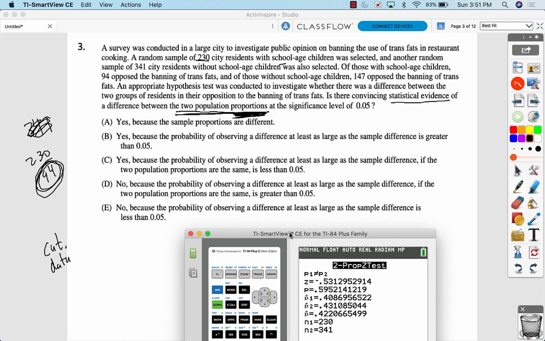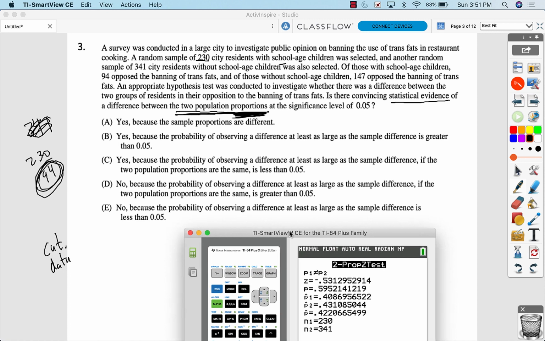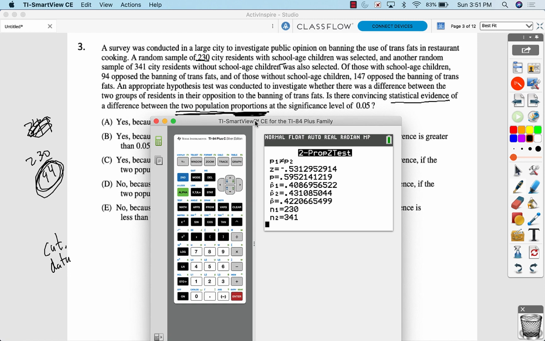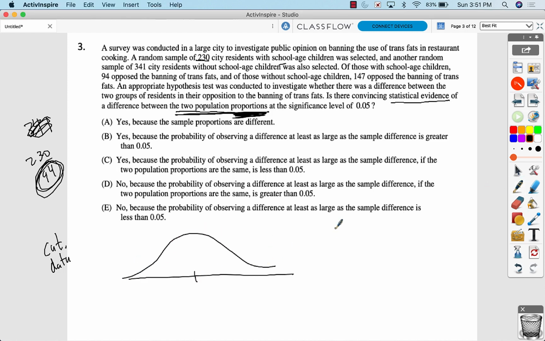I get a p-value of 0.59. This is my p-value right here, 0.59. I don't want to go into too much detail, but your null, if you set up a null, will be p with children equals p without children, and your HA is going to be p with children is not equal to p without children.